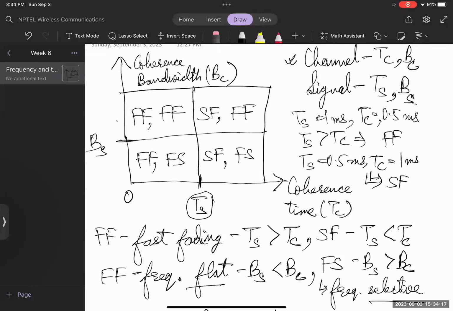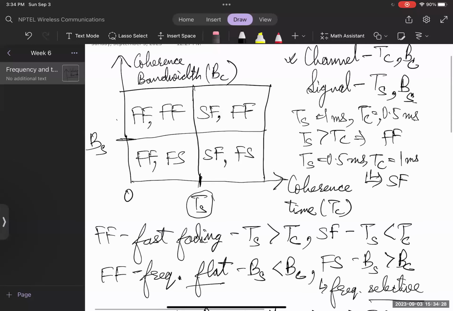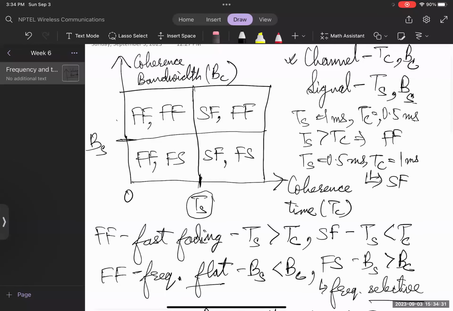Sir, excuse me, sir. Yeah. It is clear now that channel can be frequency selective and channel can be frequency flat. But why particularly will it happen when TS, that is symbol time, is greater than coherence time, then only frequency selective? No, no. Frequency selectivity is not dependent on time.